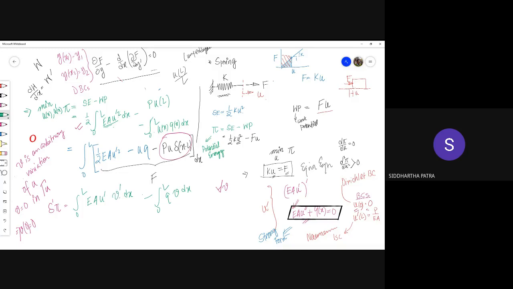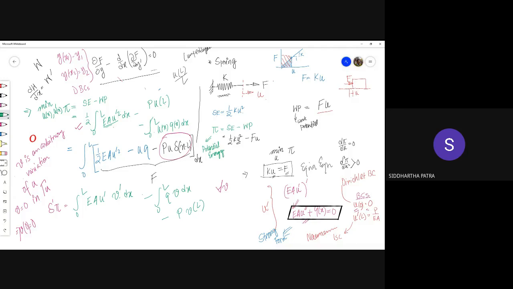For the last one, if I take the derivative of u with respect to u, it is going to be 1, right? So 1 times v at x equal L.